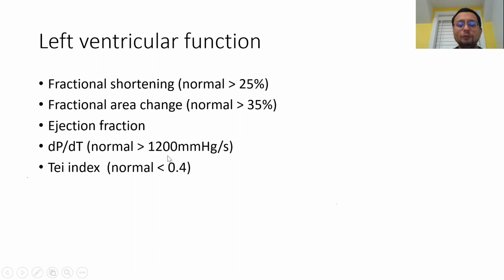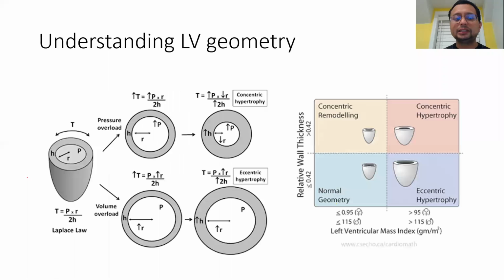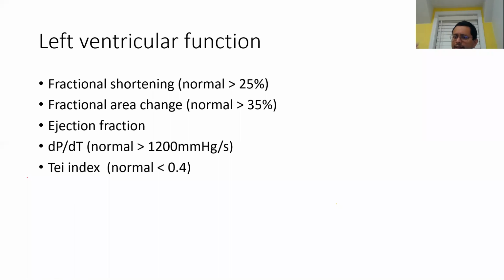Compared to the others, where the bigger, the better, here the lower it is, the better. Tei index, index of myocardial performance. Now, I hope so far you understand the basics of the heart and a little bit on echocardiogram. I hope at the moment it's still exciting to you.